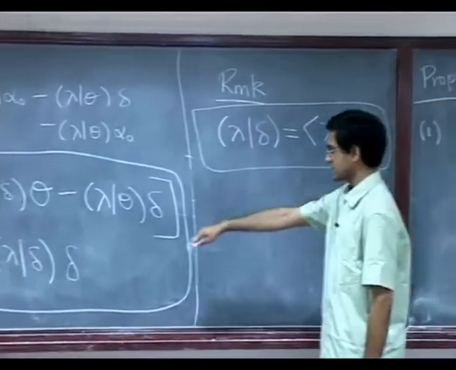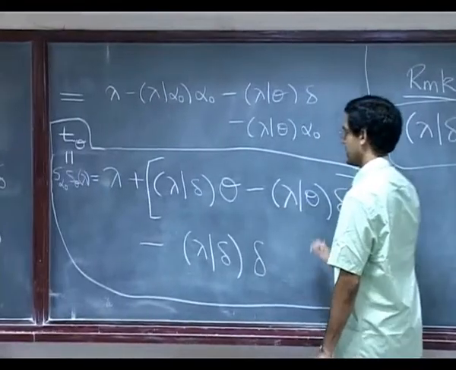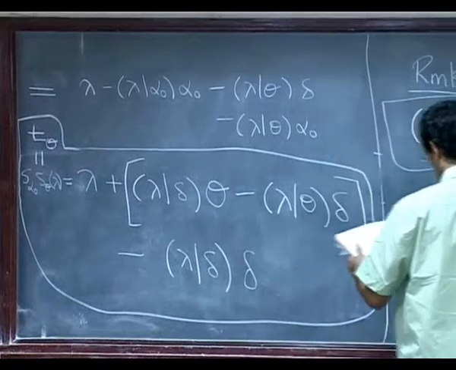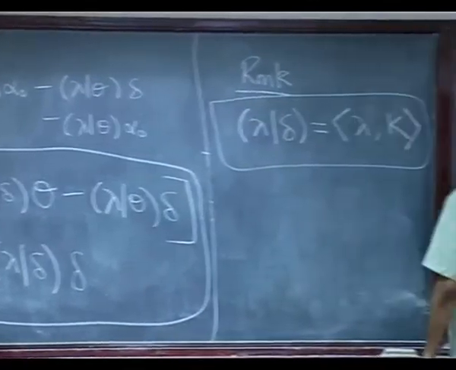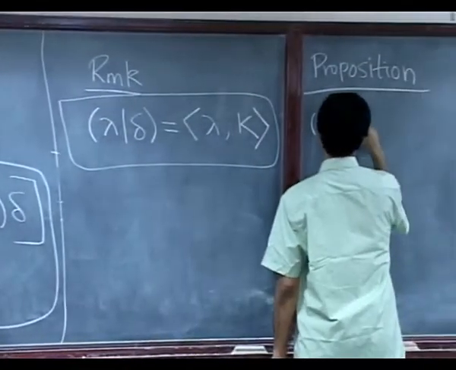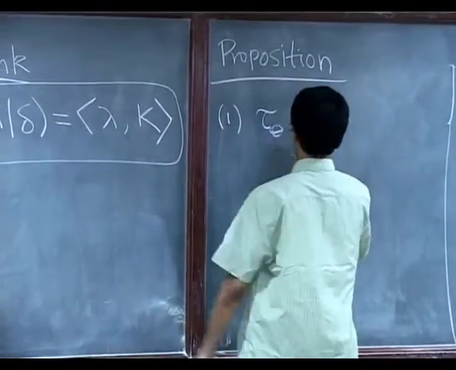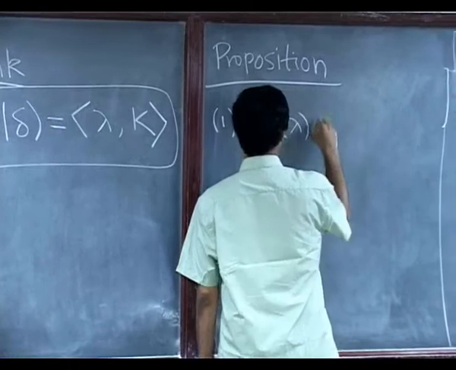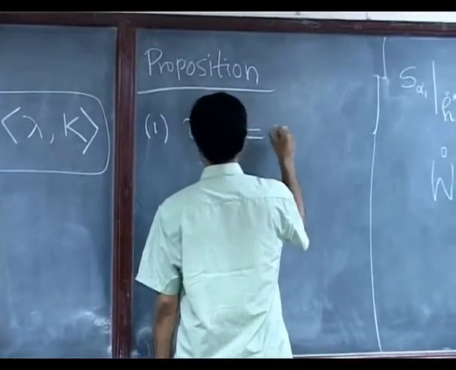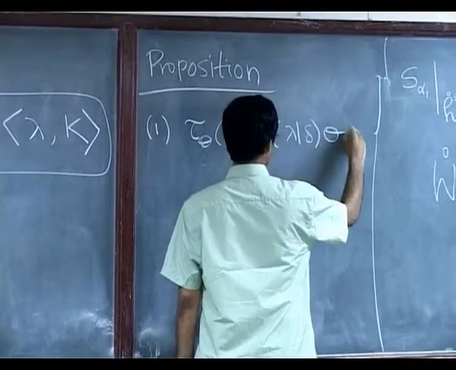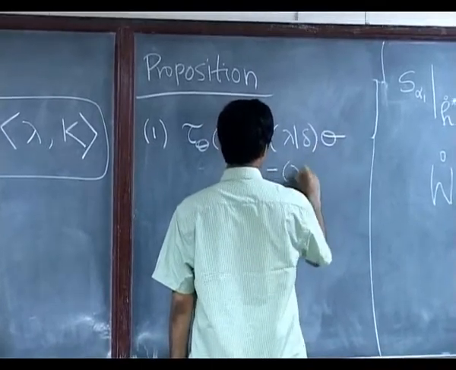Anyway, let's do the following. Let's forget all the rest and only look at the thing in the middle. Let's give that a name. Let me call that tau theta. So let tau theta just be the term in the middle, the linear transformation which does the following to lambda: delta theta minus lambda theta delta.